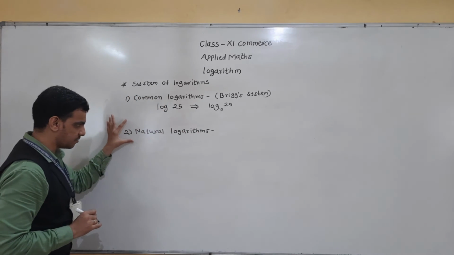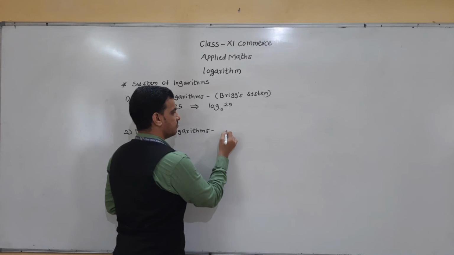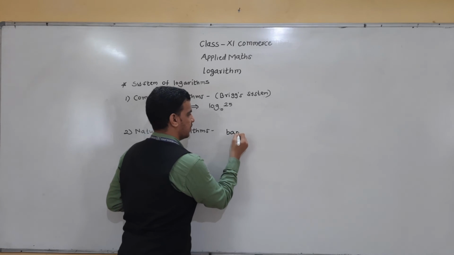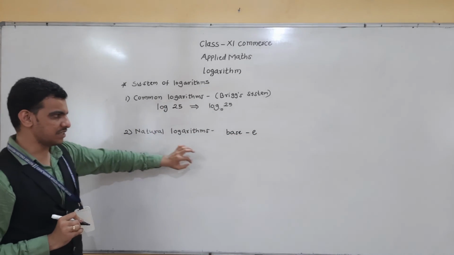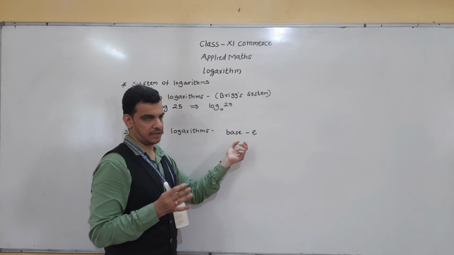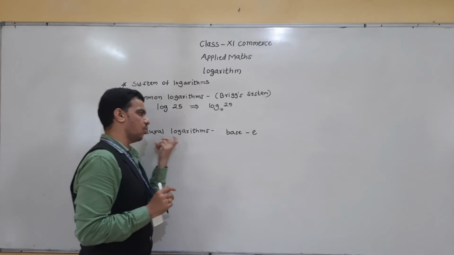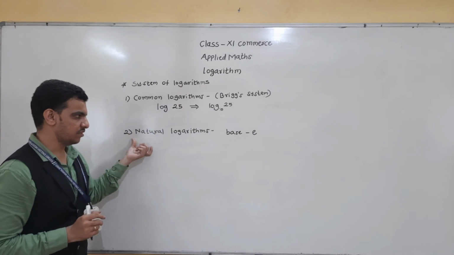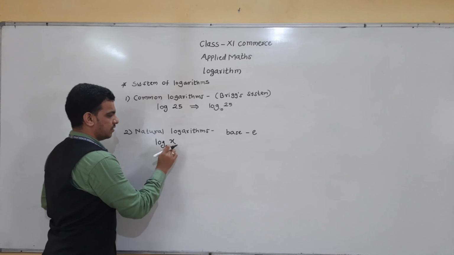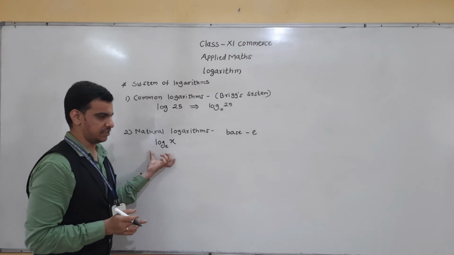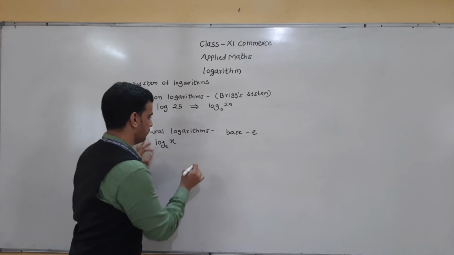And natural logarithms are logarithms which have base equal to e. So e is a constant like pi. If base e is there, then that log is called a natural logarithm. Suppose log of x to the base e, then this is called a natural logarithm.